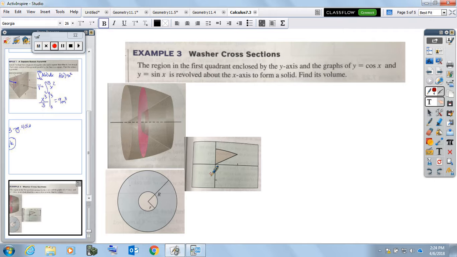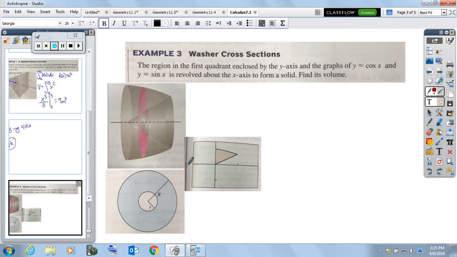First and foremost, we have to think about where we are actually going to be looking. Each cross section, perpendicular to the axis of revolution, which we said was going to be the x-axis here, forms that washer-looking shape.